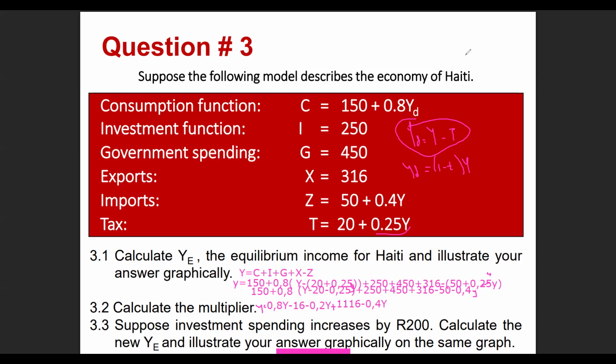So you're going to get Y equals 0.2Y plus 1116 minus 16. So negative 16 plus 1116, we're going to get 1132.